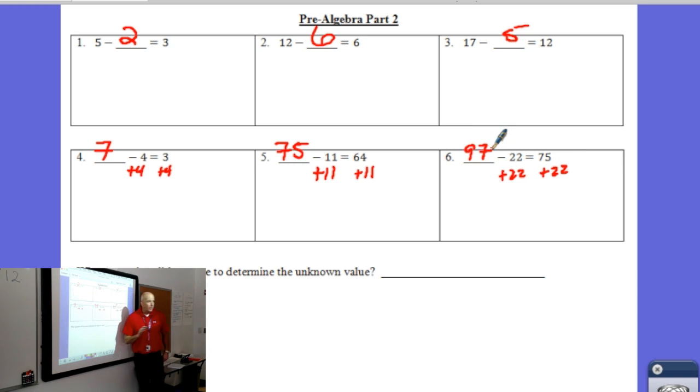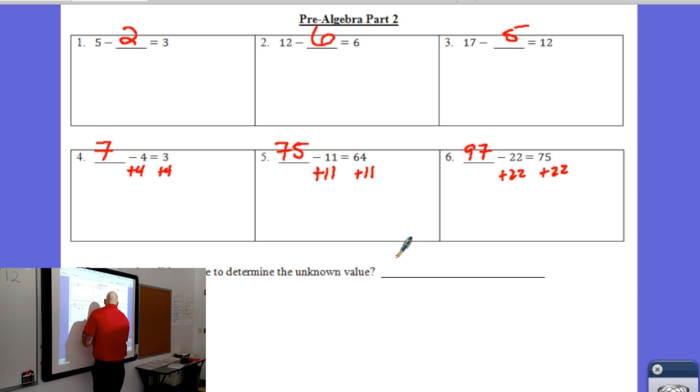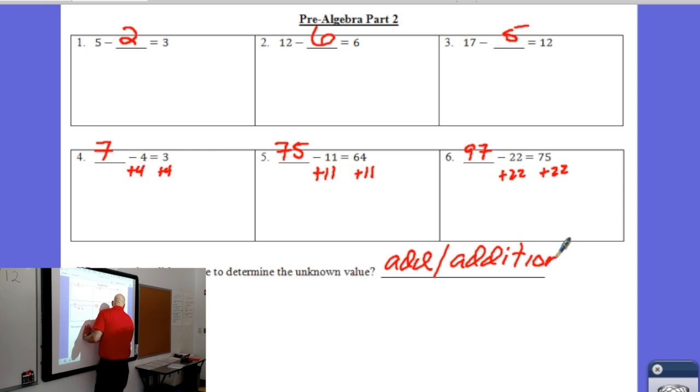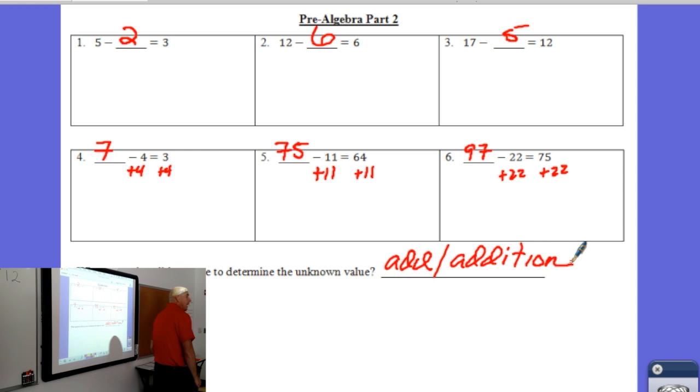Any questions? All right, so let's answer this question. What operation did you use to determine the unknown value? Addition, right? You could put add or you could put addition. Doesn't matter. Same concept.